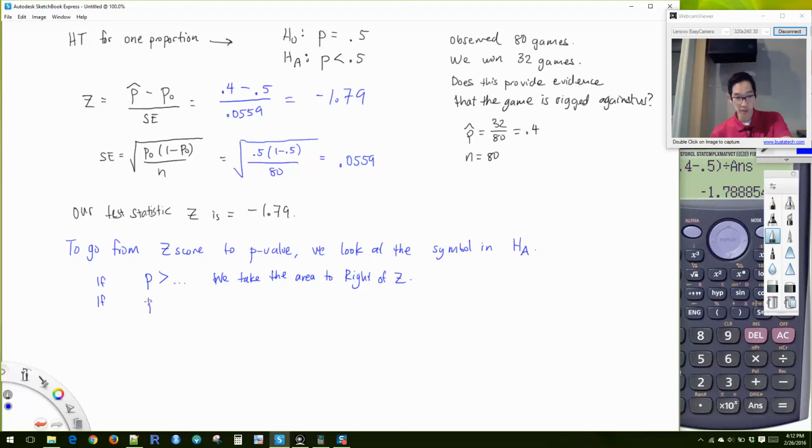If p is less than something, we take the area to the left of z.